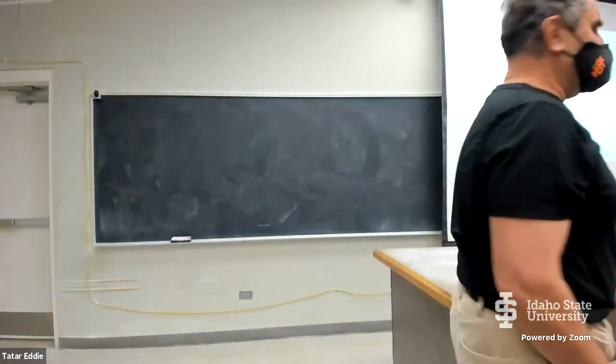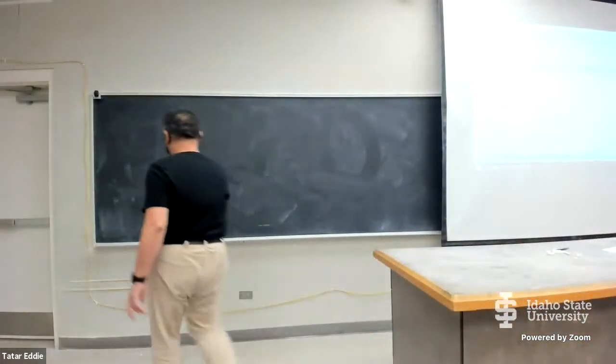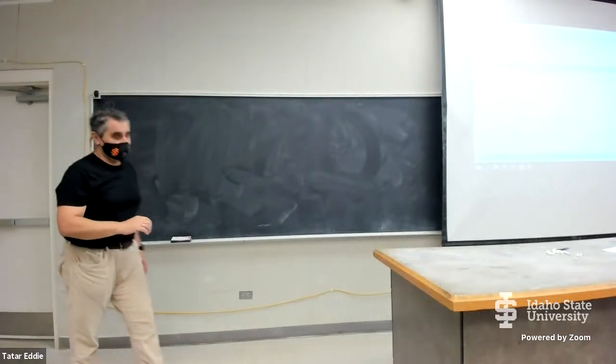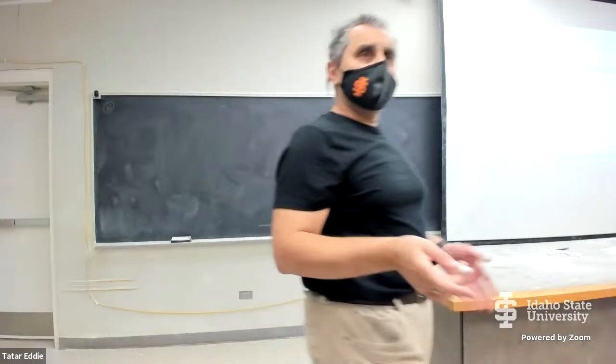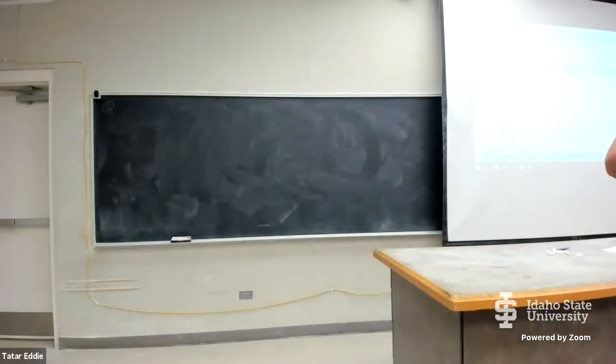Yeah, time to start. So this is problem number 6 from the homework assignment that is due tomorrow or Thursday. So you have loop the loop, and this is the initial speed of the car.